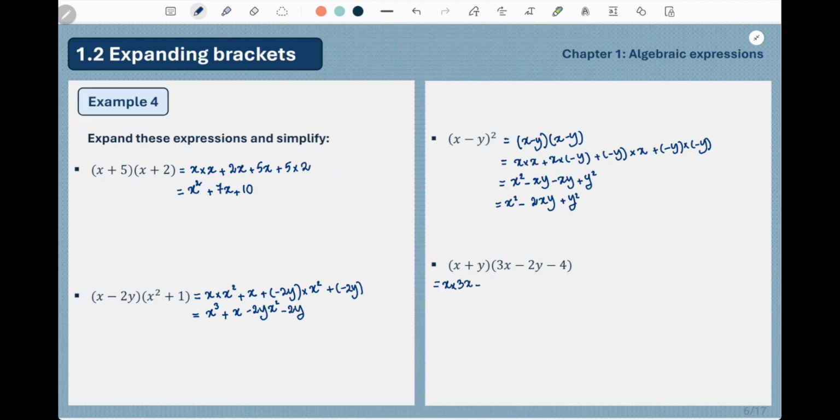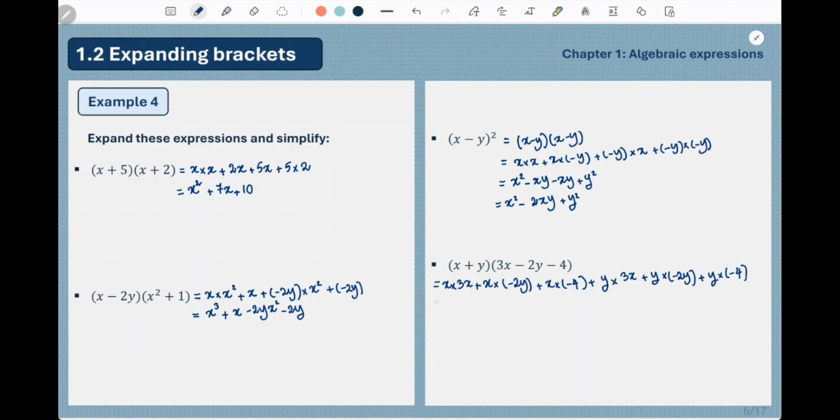I'm focusing on x only now. x times minus 2y plus x times minus 4, right? And then I'll move on to y: plus y times 3x plus y times minus 2y plus y times minus 4.